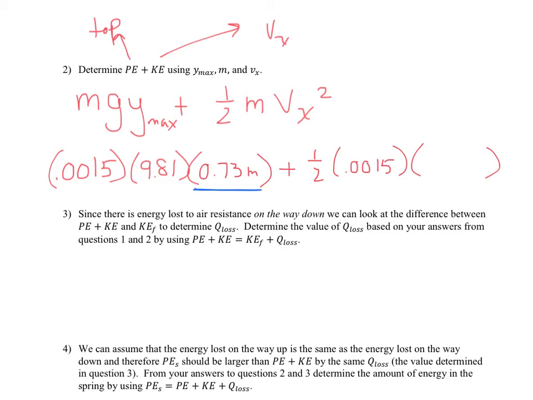Yeah, see the Y max you had? Okay. So again, the two things that are underlined in blue might be different for your group if you're using your own data, but everything else, the mass and gravity, and that all remains the same.